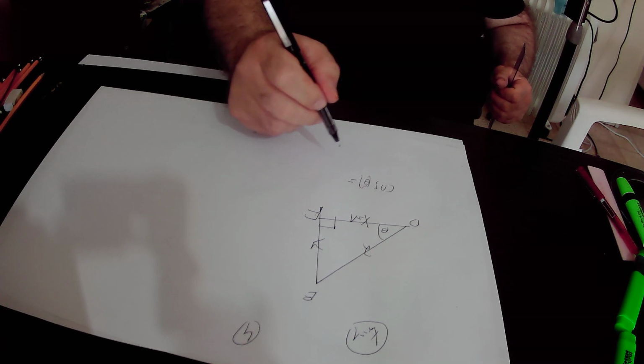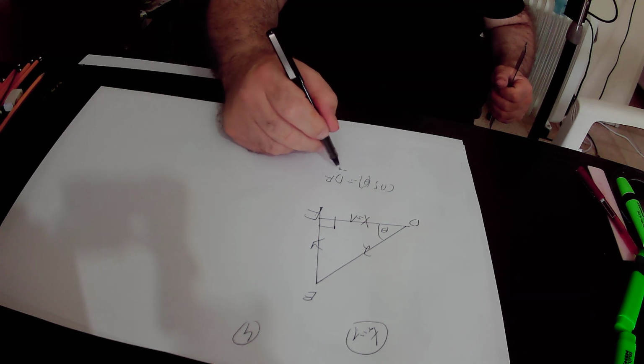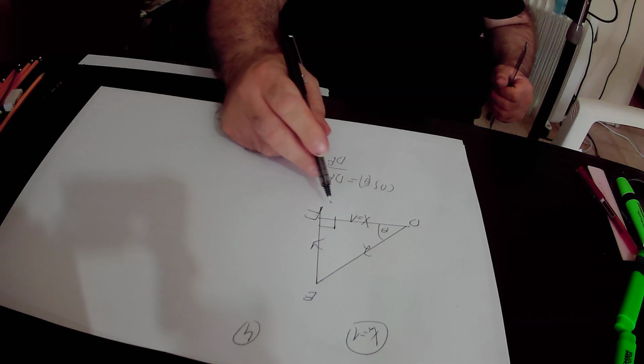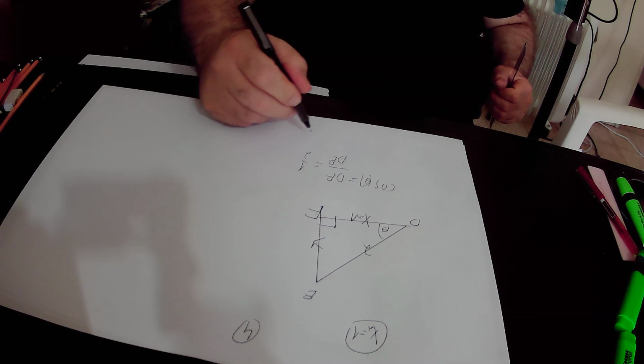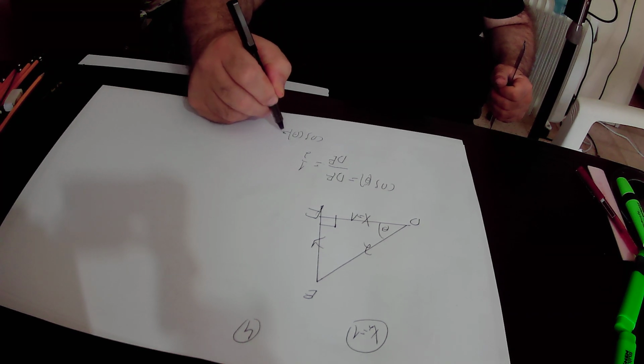will be equal to DF over DE. Cosine theta equals DF over DE. DF equals 1. DE equals 2. So in conclusion, cosine theta equals 1 over 2.